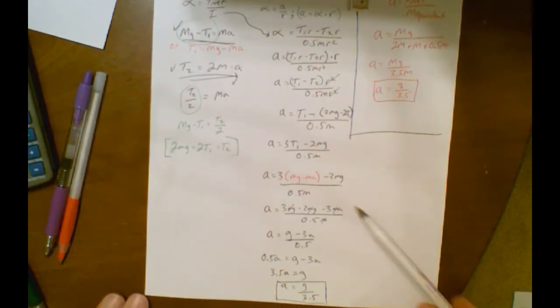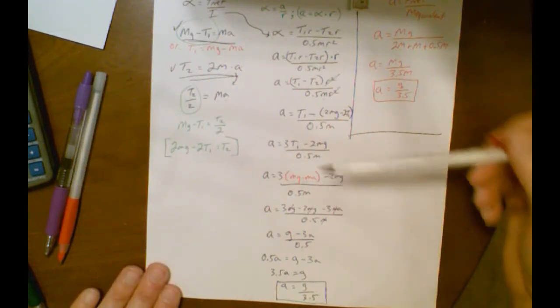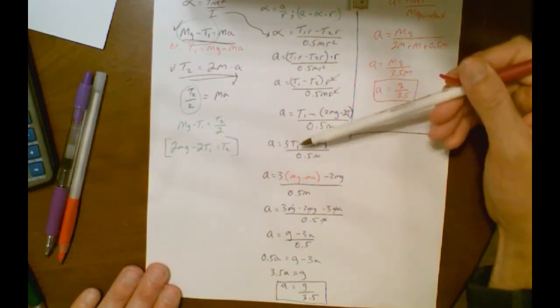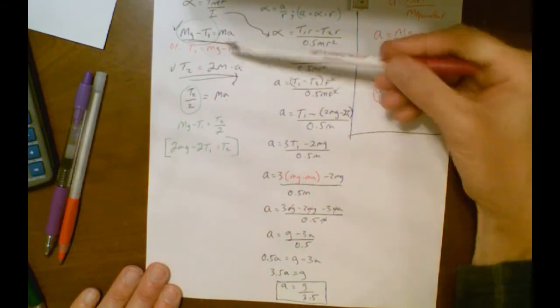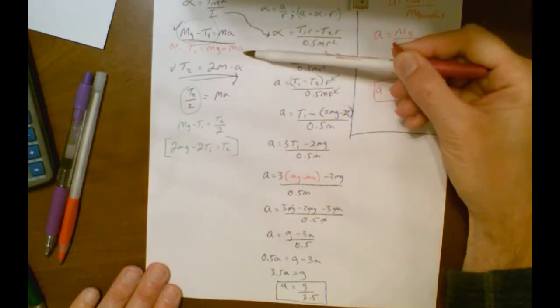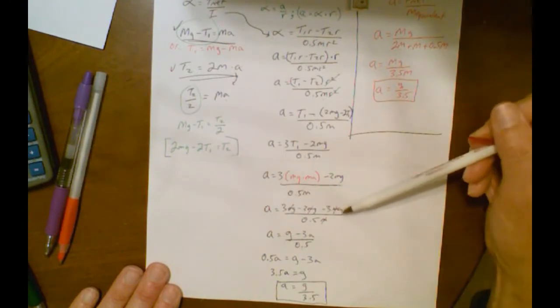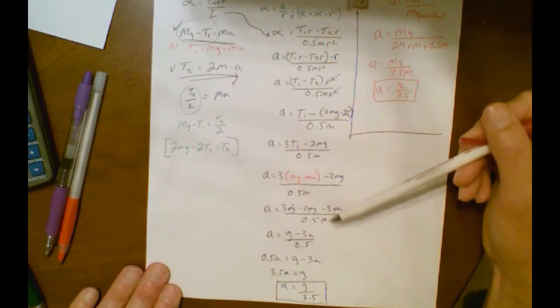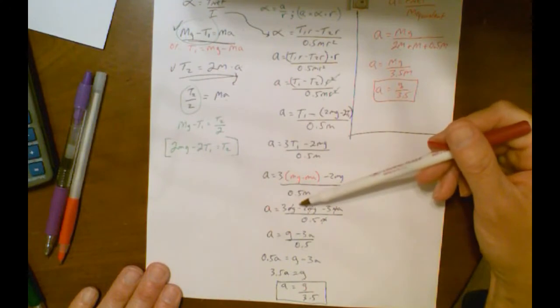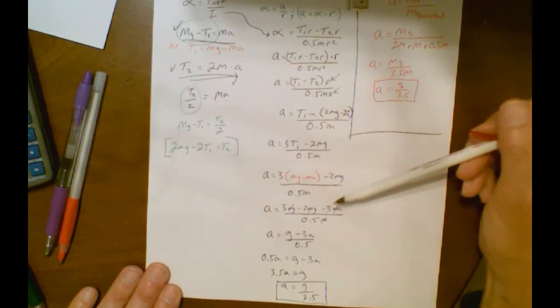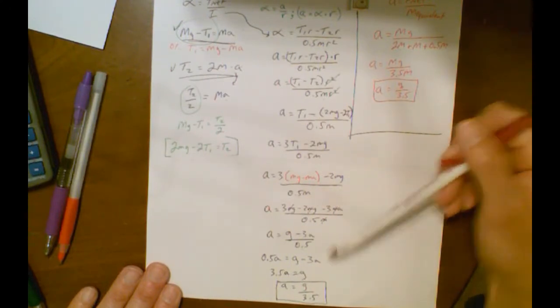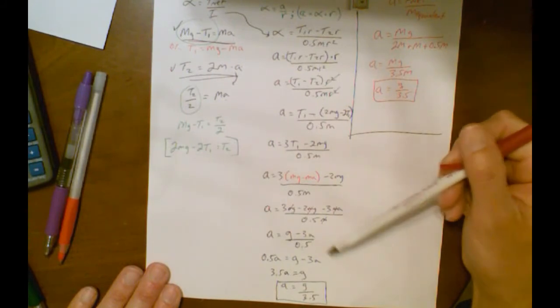So, again, just to do this last step if you couldn't see it, T1 I solved for up here. So I substituted that in red, canceled the m's out, ended up with 3g minus 2g minus 3a, so that's g minus 3a over 0.5.